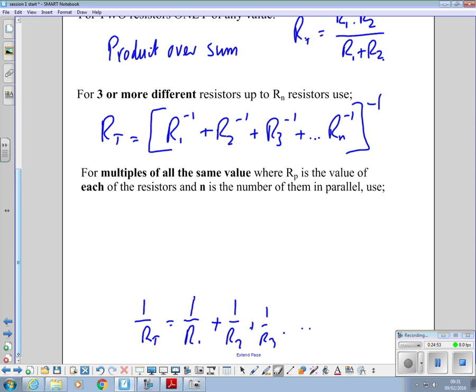I'll leave that one on the bottom there for reference. Okay. Where you've got multiples, any number of resistors, and they're all the same value.